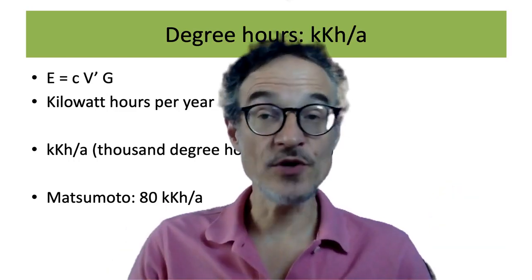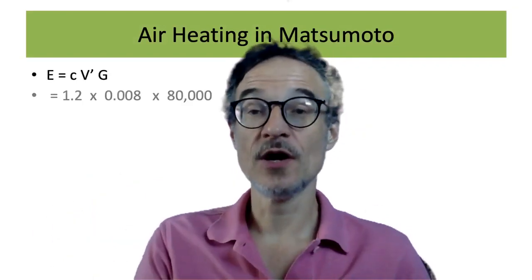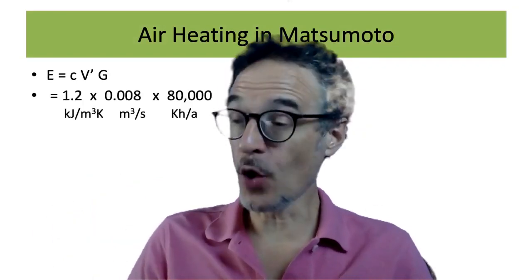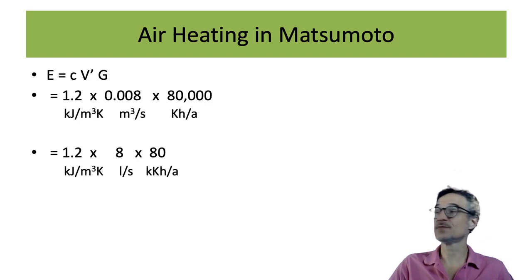So using this number, we can work out how much heat we lose in a whole year. And we do this by putting the numbers in. 1.5 is still the heat capacity of air. 0.008 is 8 litres per second, and it's 80,000.